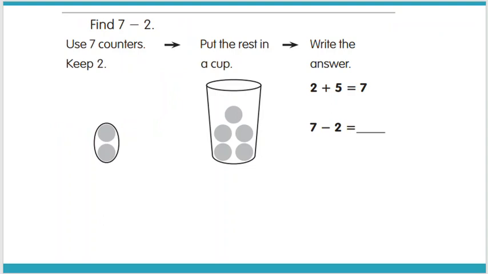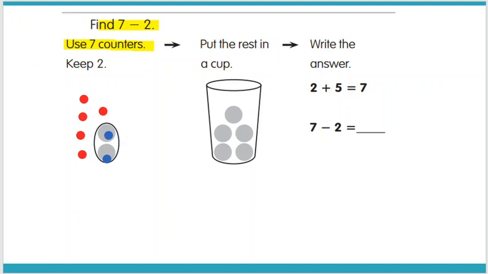Alright, so for this one, it's asking us to find 7 minus 2. So using 7 counters, we're going to go ahead and solve this. Let's get our 7 counters. We're going to make 7 of these with red. So 1, 2, 3, 4, 5, and then we're going to do some blue, 6, 7.